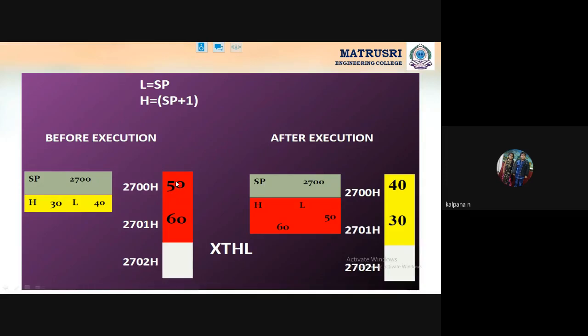According to the normal behavior it would go to the bottom, but whenever we mention XTHL, the data will be moved to the top of the stack. Understand? XTHL?